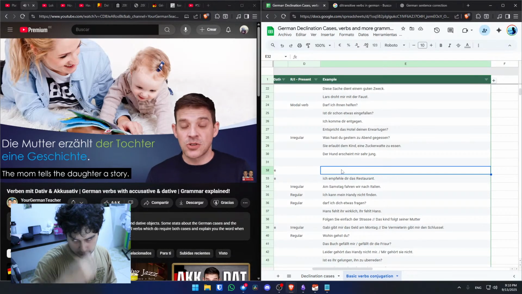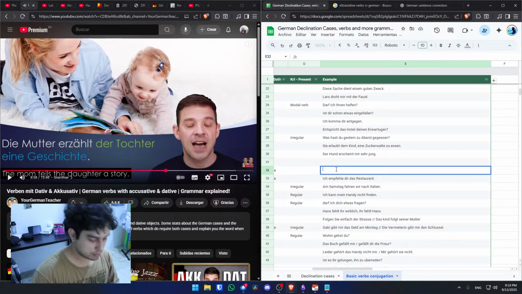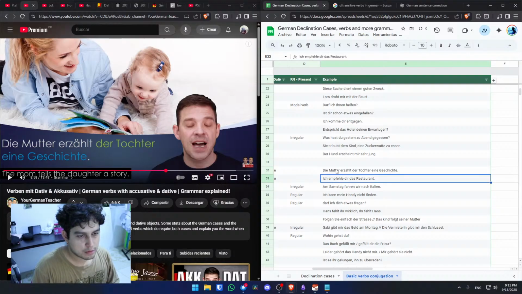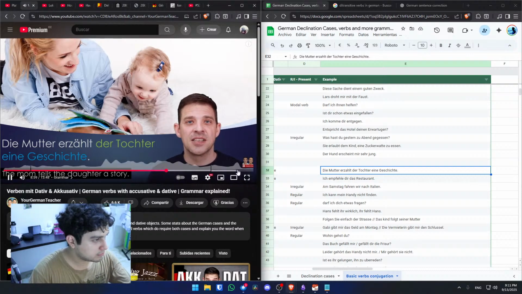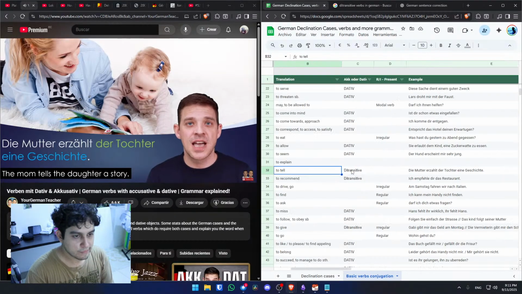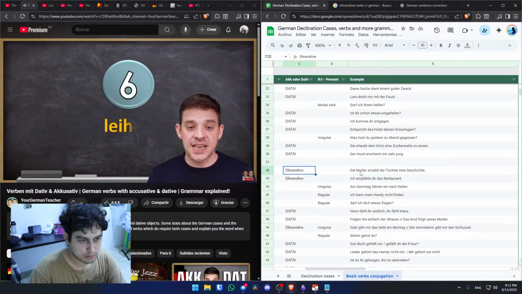Hier auf dem Bild die Mutter erzählt der Tochter eine Geschichte. Nummer 6, leihen.